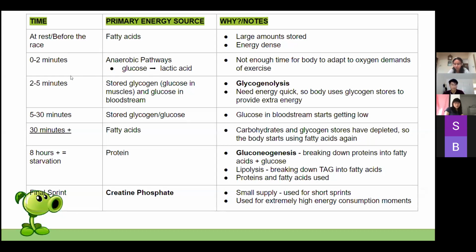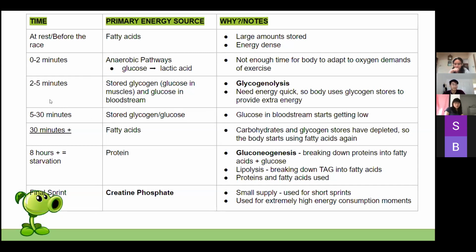And then after a while, like 2 to 5 minutes, your body is able to adapt. So instead of anaerobic respiration, it can start to undergo aerobic respiration instead, and that's going to give you a lot more energy. And then it keeps using up some glycogen and glucose for aerobic respiration.